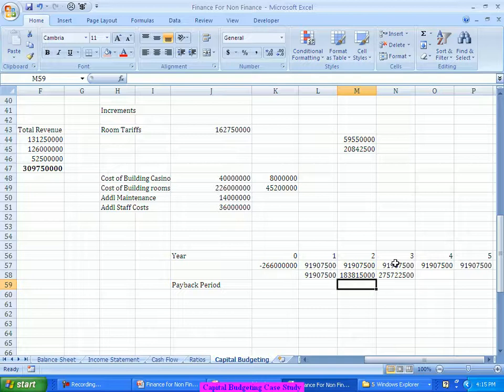So that is my payback period. Whichever proposal, out of projects 1 and 2, gets my money back early, that is the best one to consider. But it has so many other drawbacks.